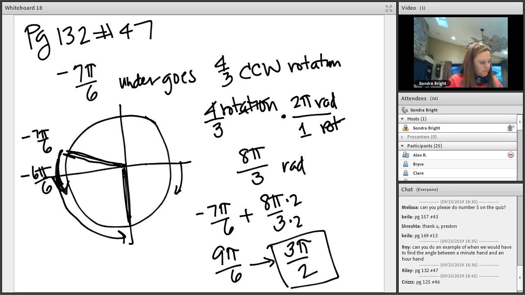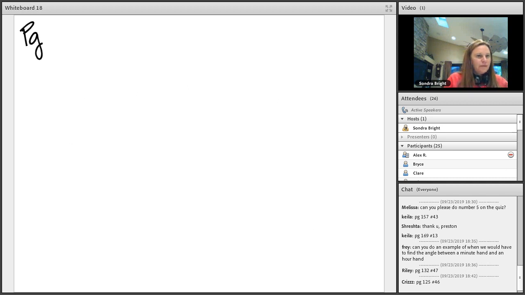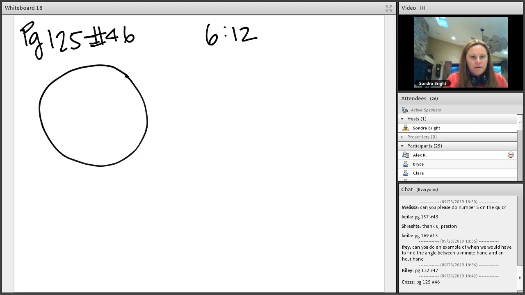125, number 46. Okay. What's the measure in degrees of the smaller of the angles formed by a clock at 6:12? All right.